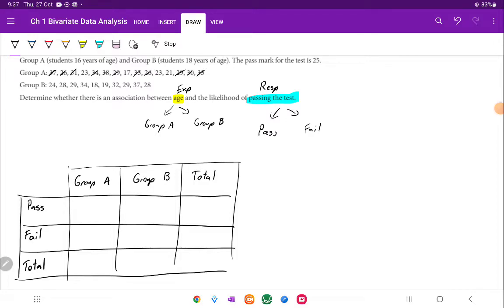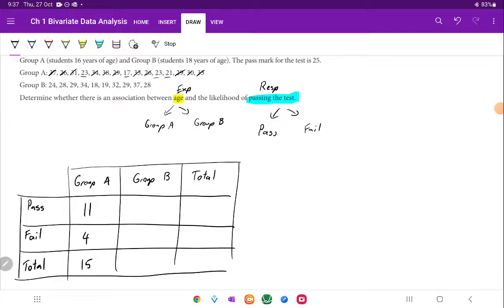So how many is that? 1, 2, 3, 4, 5, 6, 7, 8, 9, 10, 11. So there are 11 who passed from Group A, and that means that there are 1, 2, 3, 4 who failed from Group A. Total of 15 people in Group A.